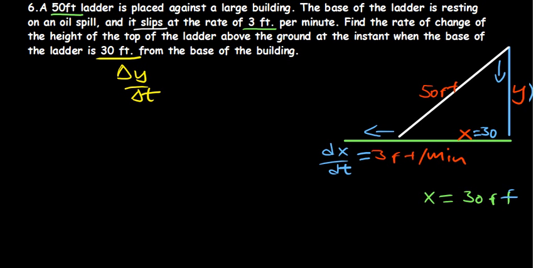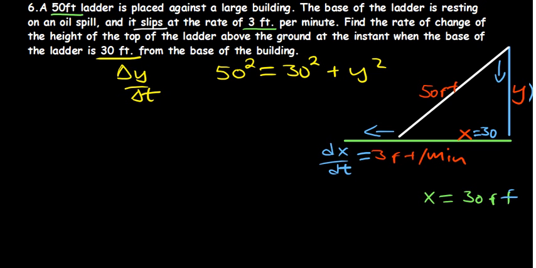So by Pythagoras theorem, we know that the ladder itself is the hypotenuse, so it's supposed to be equal to the summation of the base, which is at 30. Now at that instant, instantaneously, the y value is expected to be what?